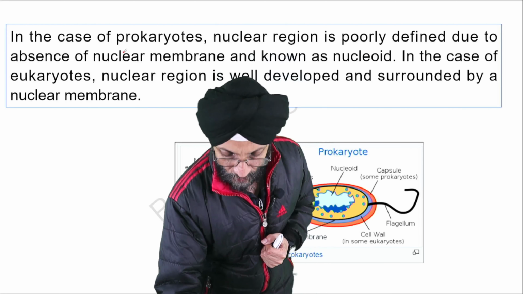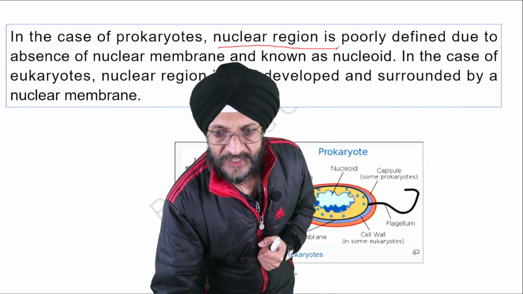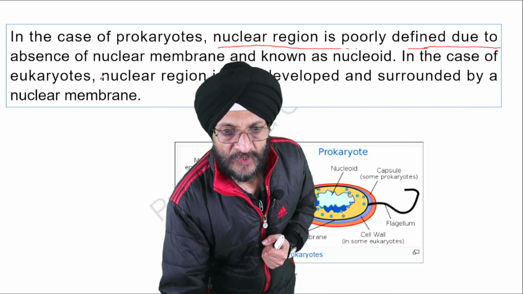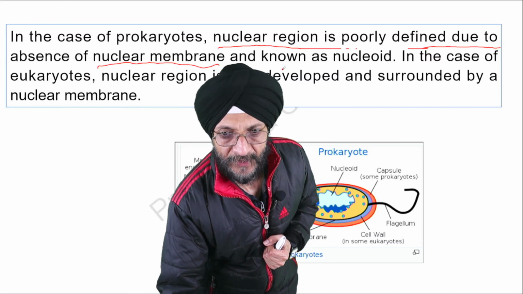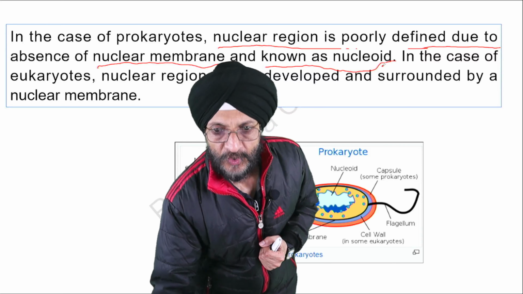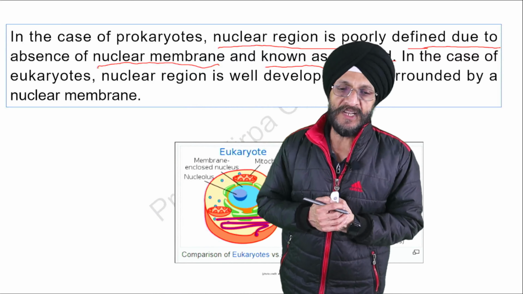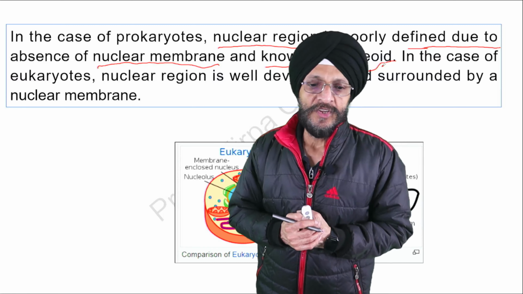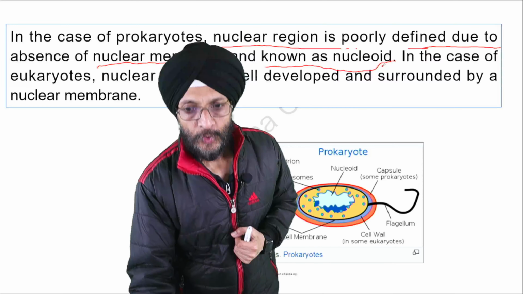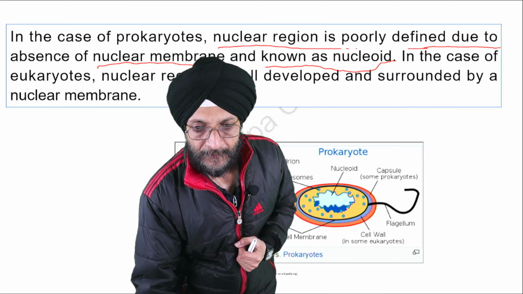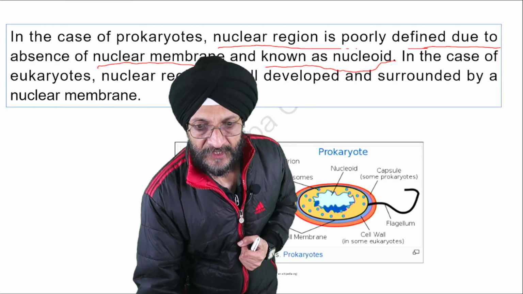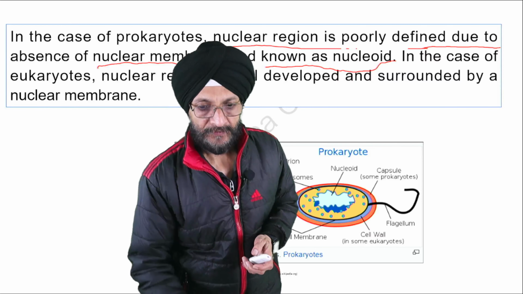In prokaryotes, the nuclear region is poorly defined due to absence of nuclear membrane and is known as nucleoid, whereas in eukaryotes, the nuclear region is well defined and surrounded by a nuclear membrane.